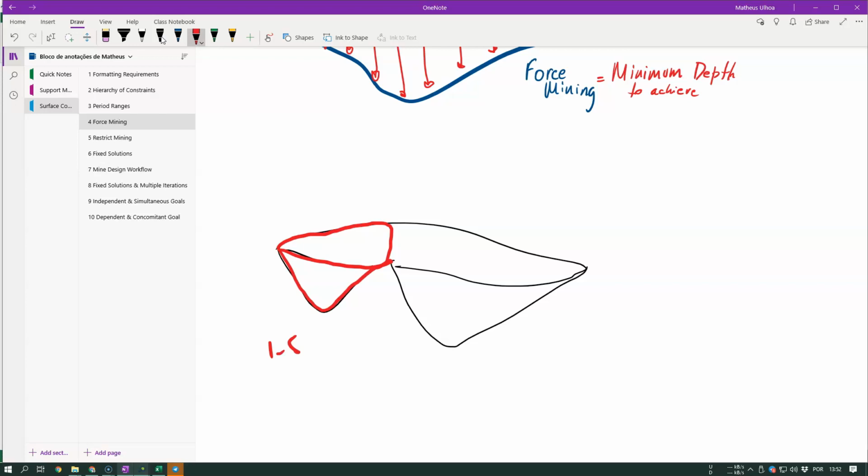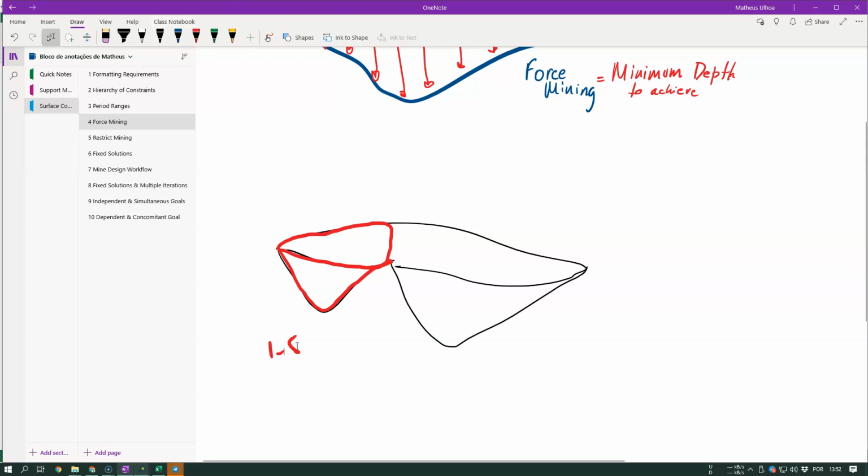Let's say that in the base case, it was taking maybe 4 years to mine 80% of it, and then the rest was mined in 10 years. So what I can do to force is to create a surface constraint based on this pit and force it from 1 to 5, for example. So this is the idea of forcing mining.